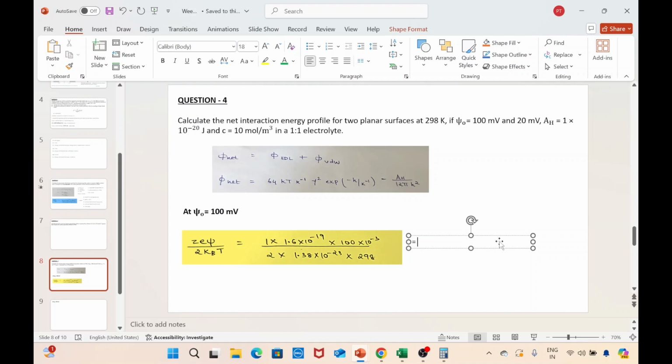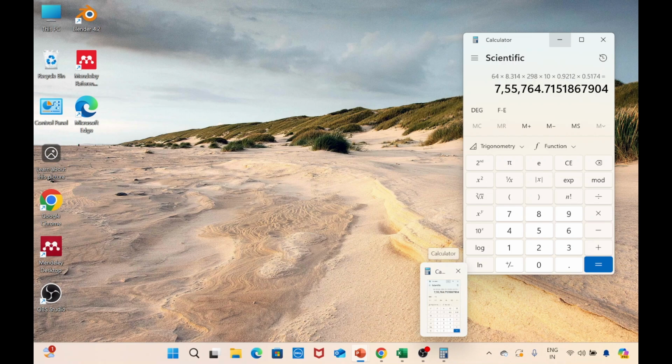Here the electrolyte is 1:1, so the value of Z is 1. So if you do this, the value of this particular expression will come out around... we need to first calculate the value.